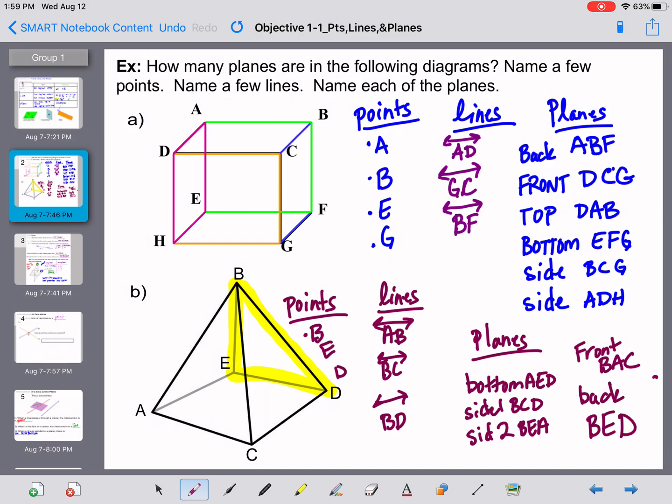So as we see, planes can have different shapes. Square, triangle, hexagon. Typically when we think of planes, we think of a square or a rectangle, but they can be different shapes. You only need 3 points to name a plane.